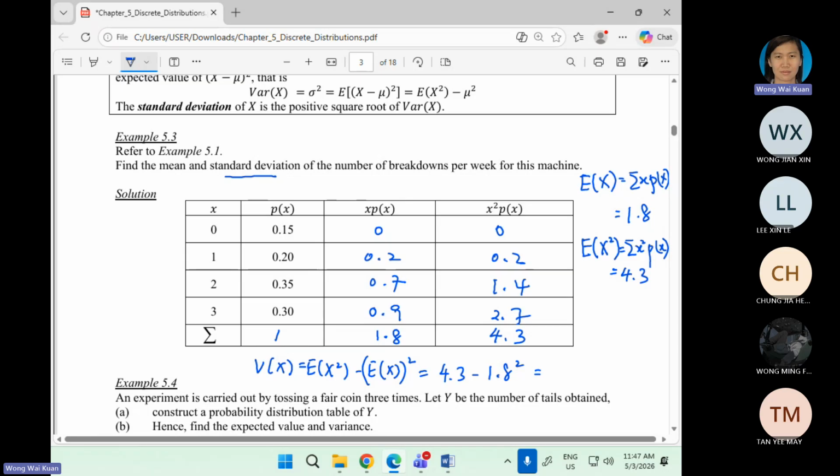So what do you get? 1.06, but my question is the standard deviation.